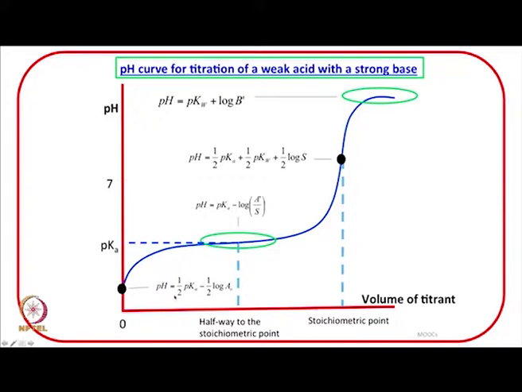Also pay attention to the various equations which are written over here. This equation we have just derived, the relationship pH is equal to pKw plus log B. When you have excess base, pH will be controlled by the excess base, and you are talking about this region. You are starting with pure acid.